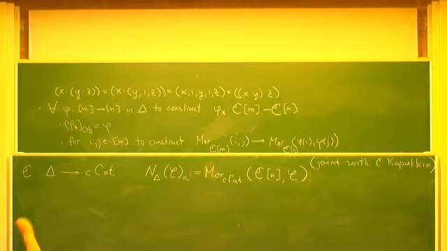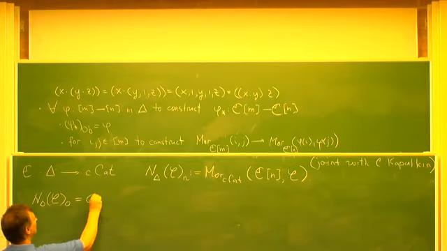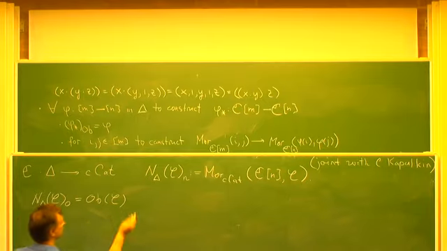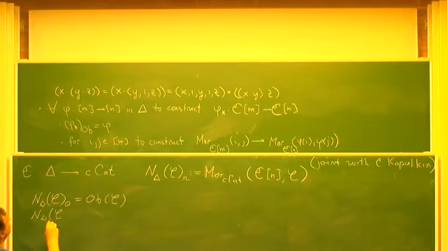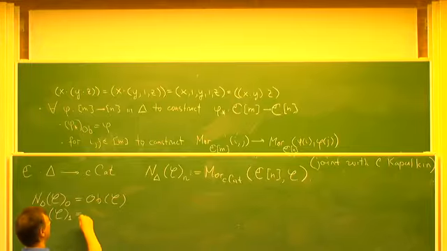So here is a picture. So N delta C0 is just C as one group, because this category of 0 is just a one-point category. C1 is just more C in a sense.